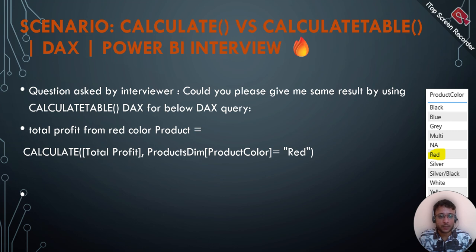Inside the CALCULATE, Total Profit is the measure, and with the Products Dim dimension table, he is filtering the Product Color column equal to Red, meaning he is looking for products having the red color. Instead of CALCULATE, could you please use CALCULATETABLE, and we should get the same result.